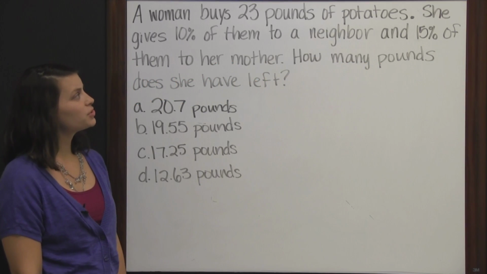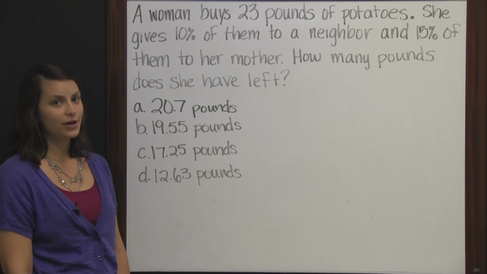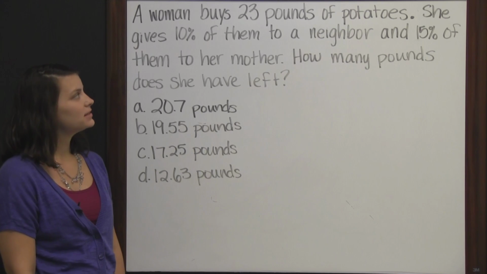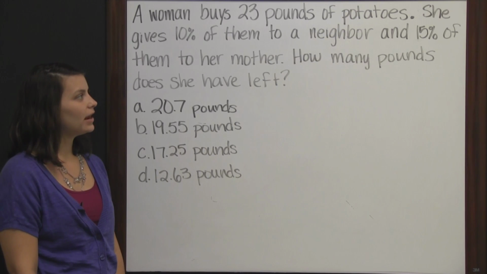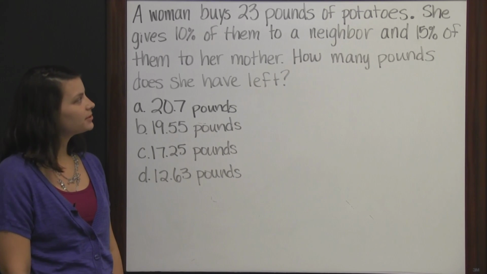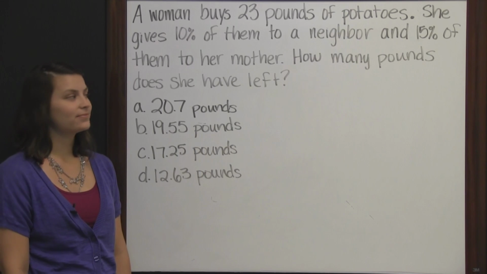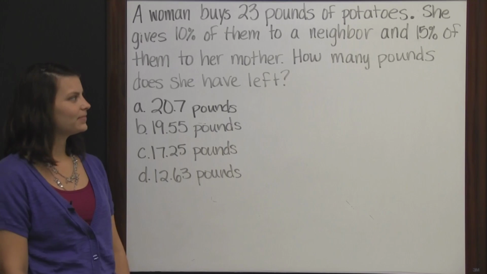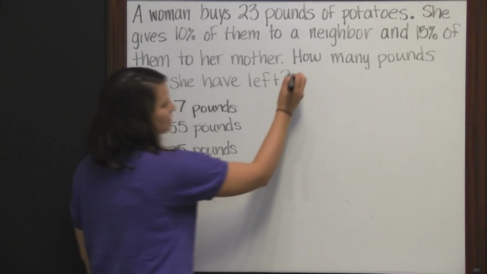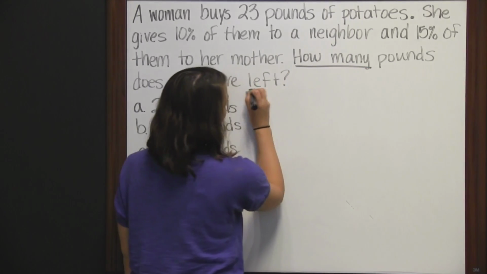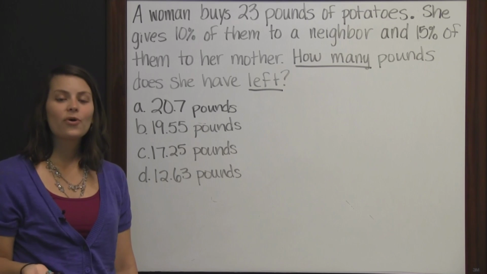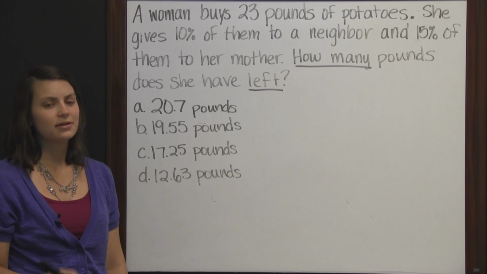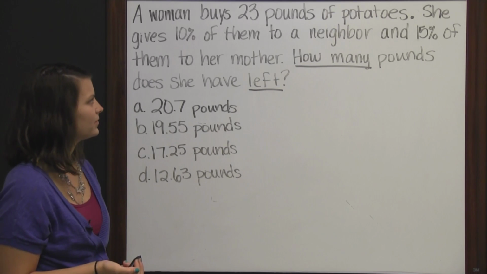A woman buys 23 pounds of potatoes. She gives 10% of them to a neighbor and 15% of them to her mother. How many pounds does she have left? So this phrase, how many left, tells us that we're going to need to subtract. But subtract what?